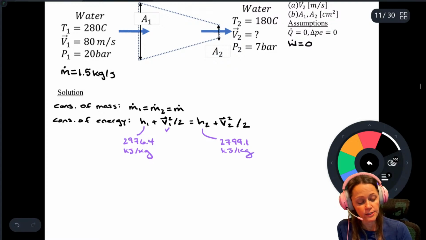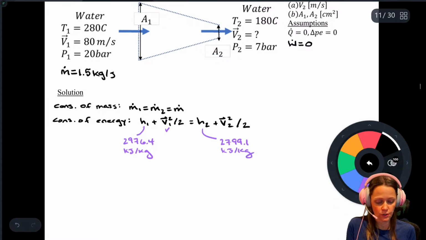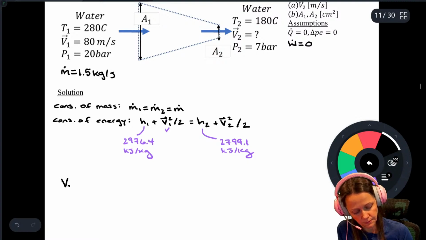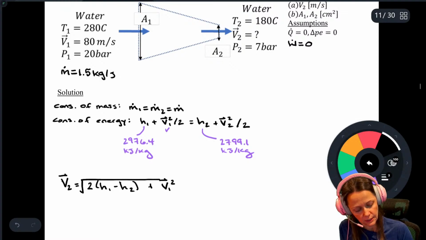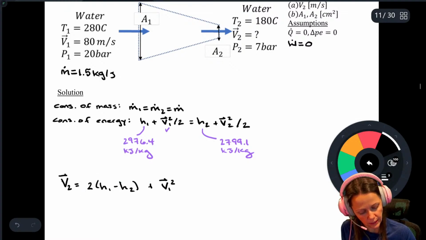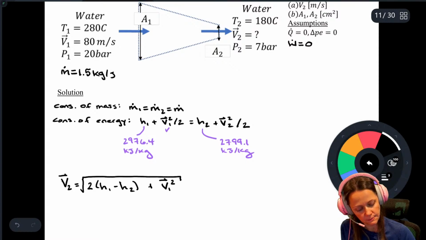All right, so now I just need to rearrange and solve for V2. So V2 equals h1 minus h2 plus V1 squared over 2, and I'm going to have to take the square root of all of this.